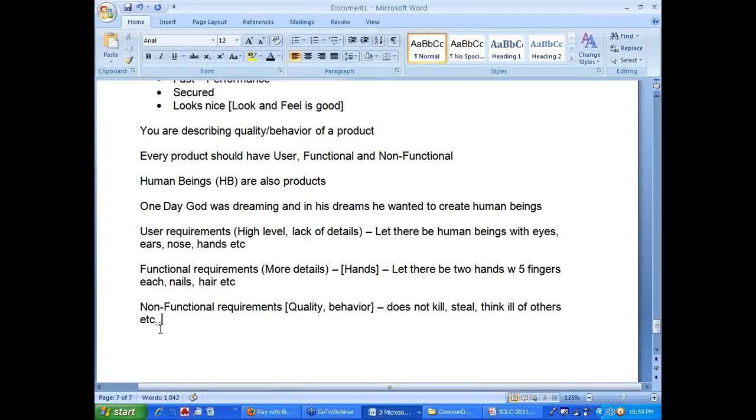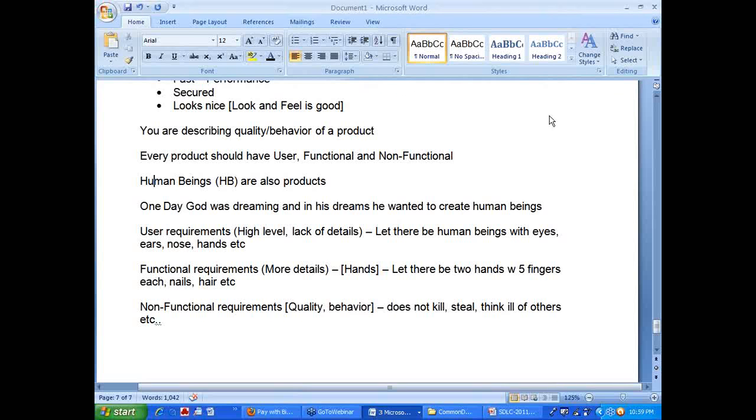If you look at it, the same analogy is used for software too, which is nothing but a product. Software is a product, human being is a product, so we can perfectly use this analogy. Once you understand this, non-functional requirements are also relatively simpler. Non-functional requirements are nothing but something that enhances the quality and behavior of a product. That is what I have understood by non-functional requirements.